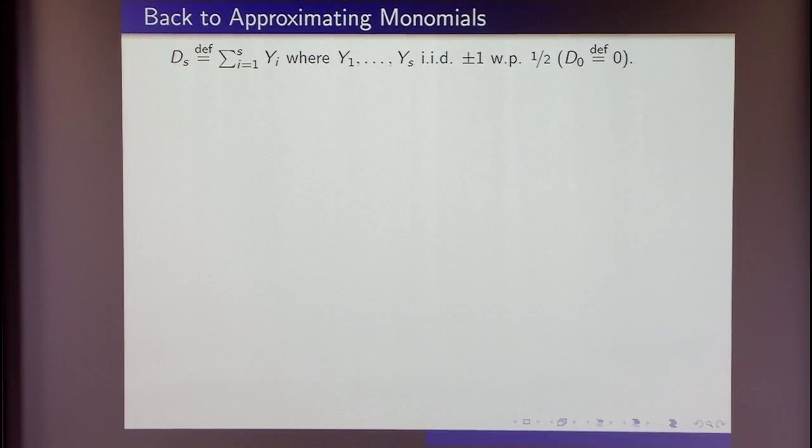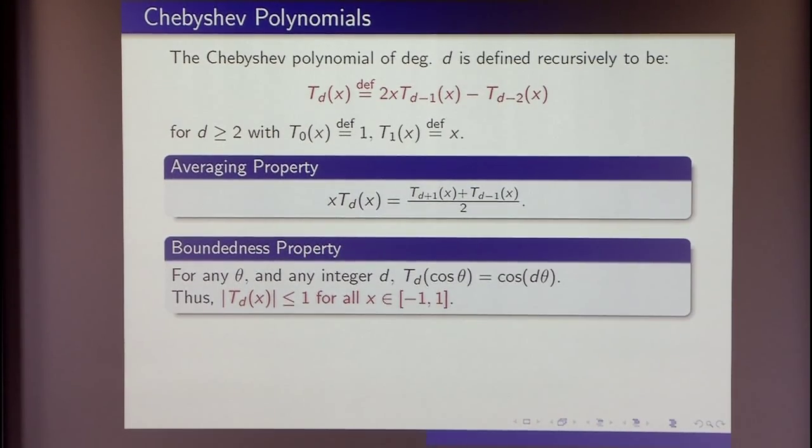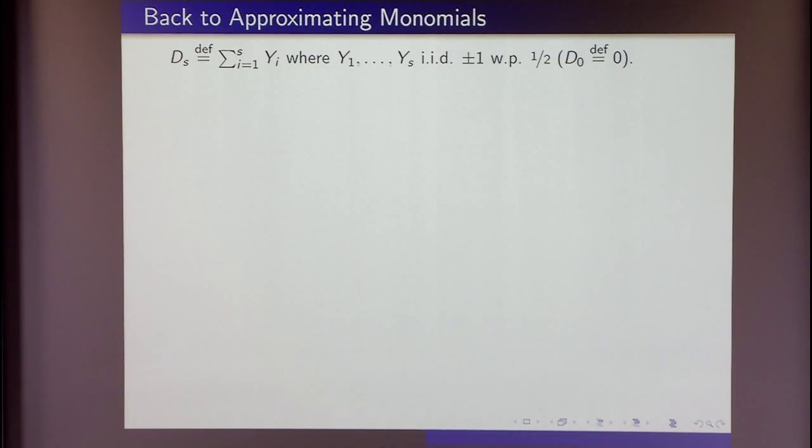Okay, so let's get back to approximating the monomial. Here comes a probabilistic experiment which we will do. Remember, this S is the same S which appears in the monomial that we are trying to approximate.